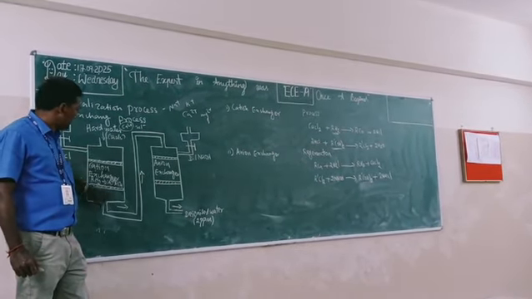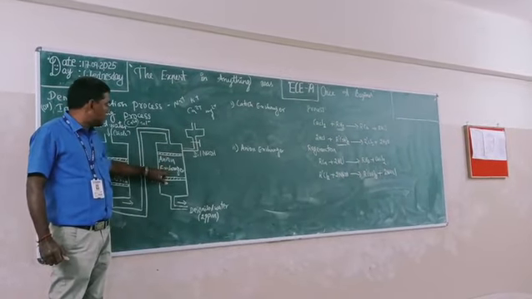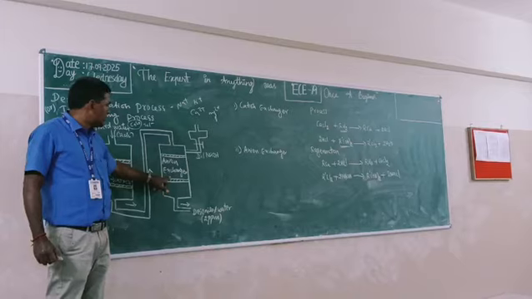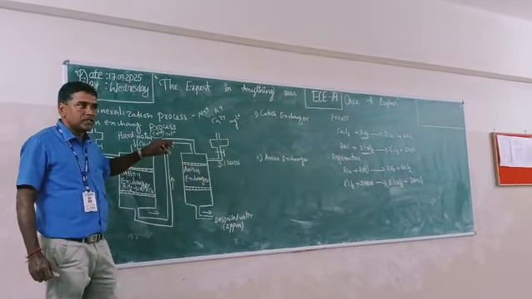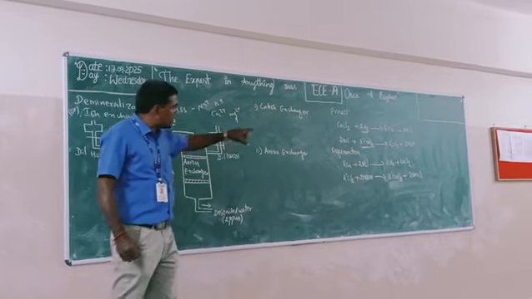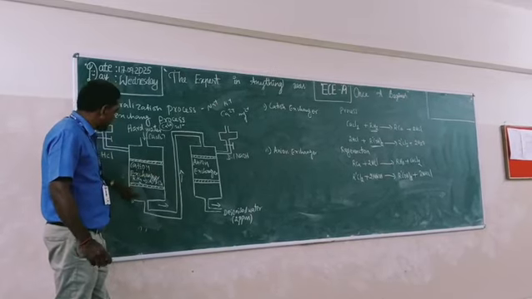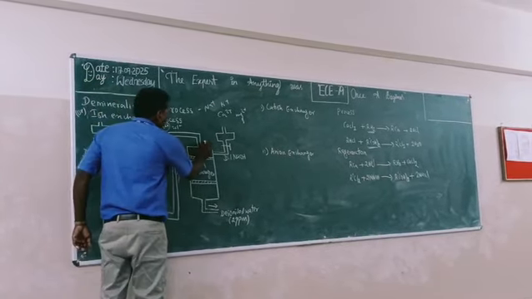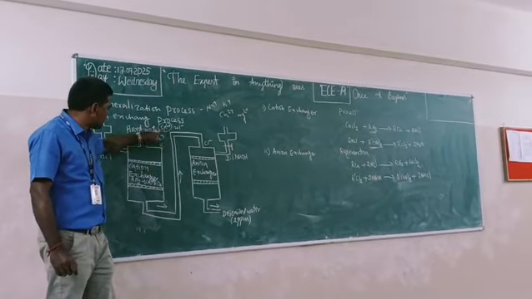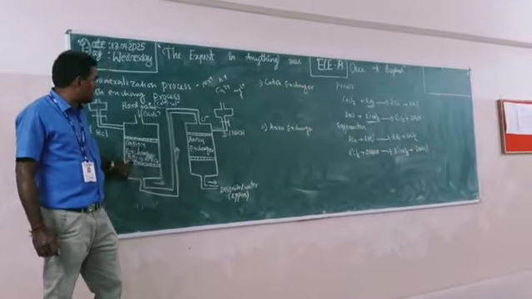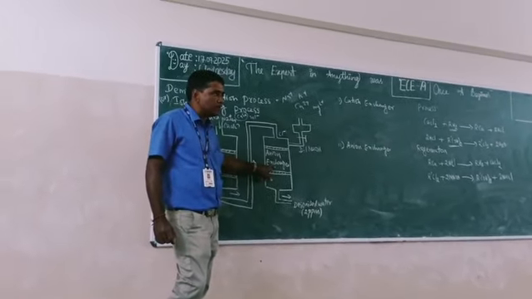The remaining anionic impurities, Cl minus ions, go to the anion exchanger column.